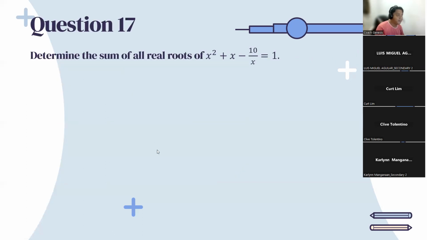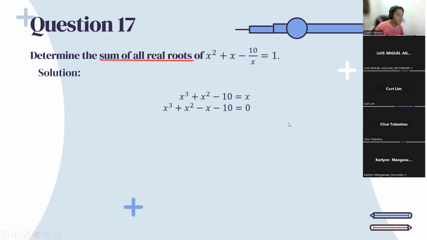Number 17. Determine the sum of all real roots of x squared plus x minus 10 over x is equal to 1. Okay. So it says here the sum of all real roots. For this one, if you try to simplify the equation, you'll have x cubed plus x squared minus 10 is equal to x.